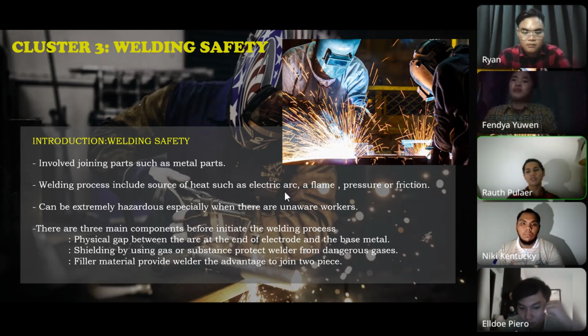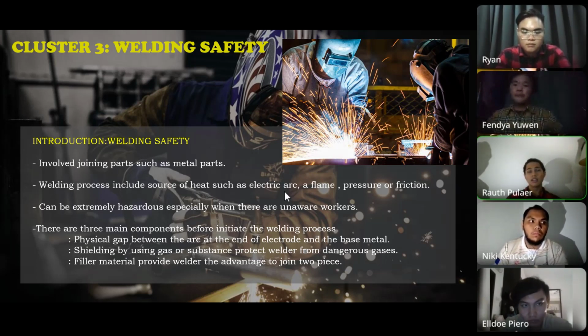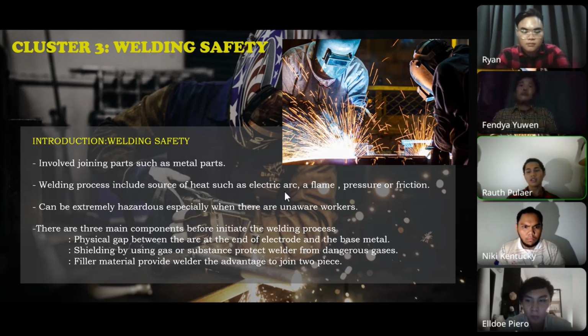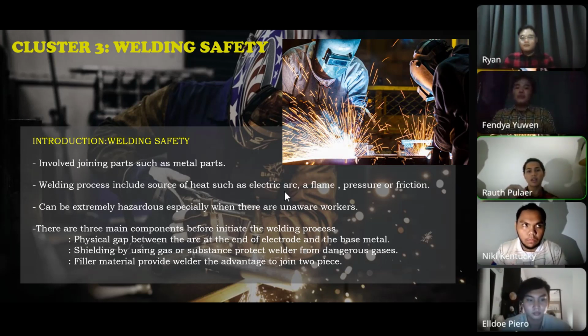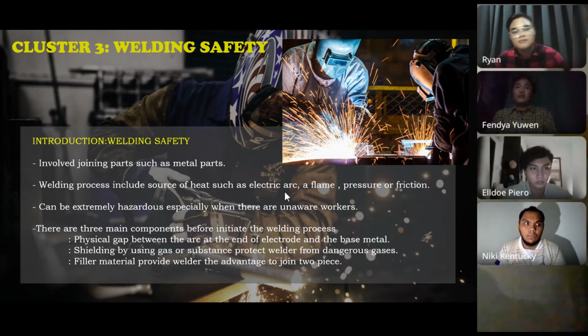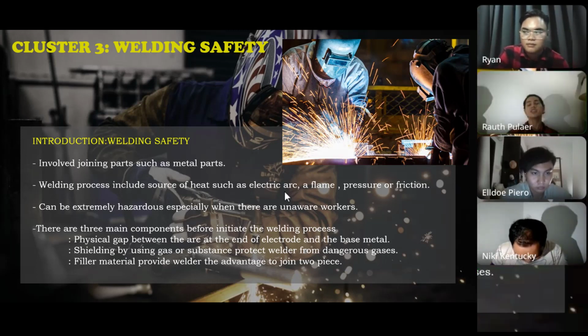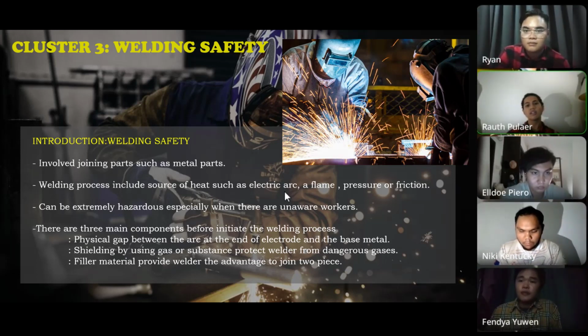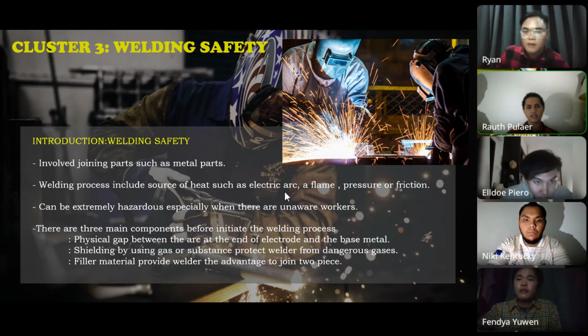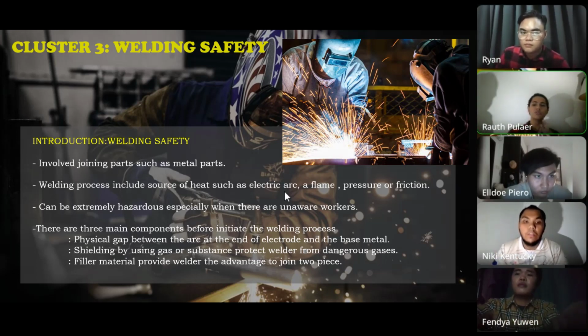For example, there's a welder welding the metal, and a worker leaning towards the metal that he's welding, and that causes a process of conduction where the electricity will flow through the human and to the ground. Therefore, the human would be shocked, severely burned and injured, or even killed.